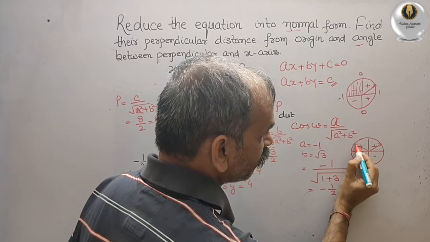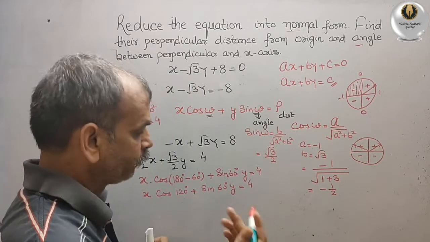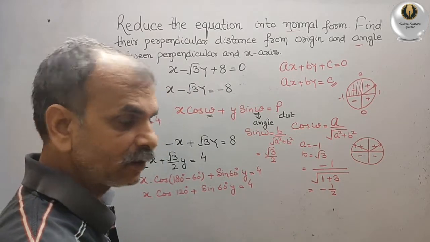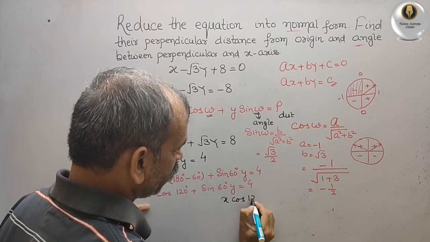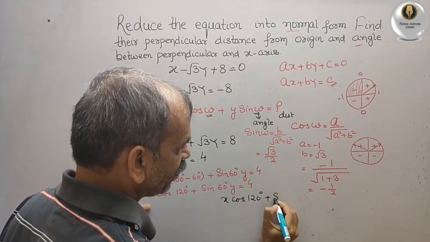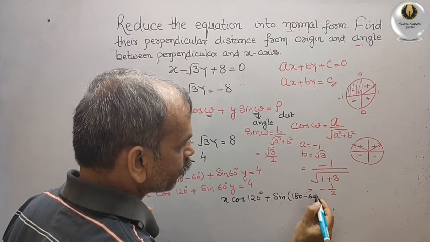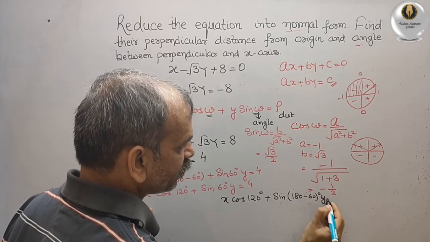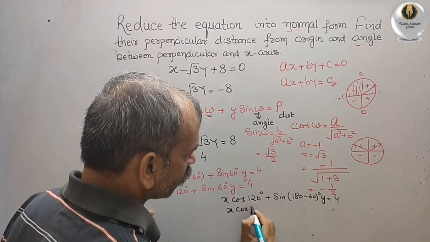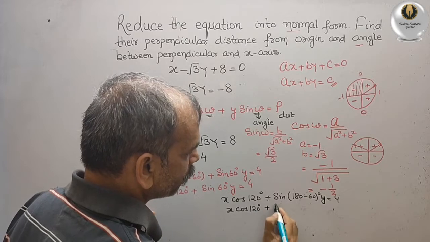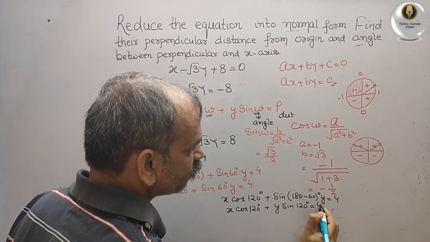We can write 180 minus 60, which is also positive. So our answer is x cos 120 degrees plus y sin 120 degrees equals 4.